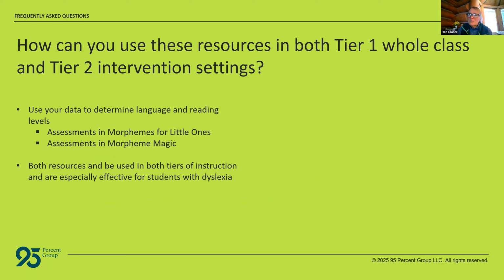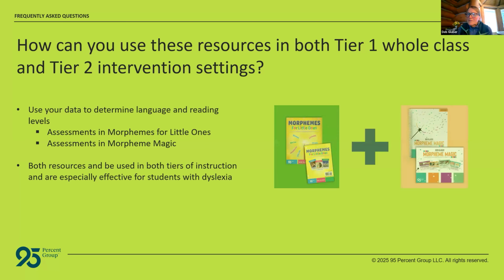Okay, using these resources, they're intended for Tier 1, but very, very easy to bring into Tier 2 and also into your work with reading disability, learning disabled students, language disabled students, and also children with dyslexia.